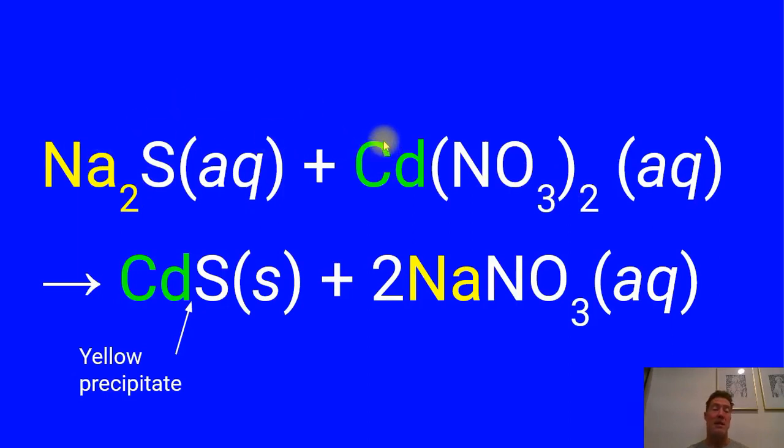The cations are going to replace each other. Cd is going to go over here with S, Na is going to go over here with NO3, the nitrate, and we're going to get a yellow precipitate because while this stays soluble and dissolved, this is insoluble, won't stay dissolved, and drops out of solution as a yellow precipitate.